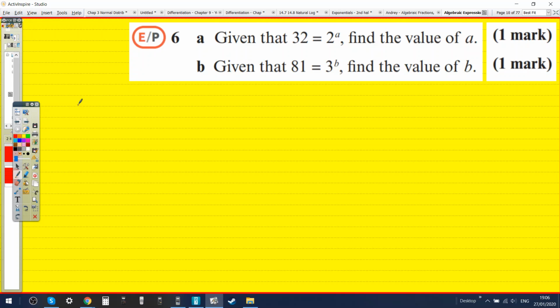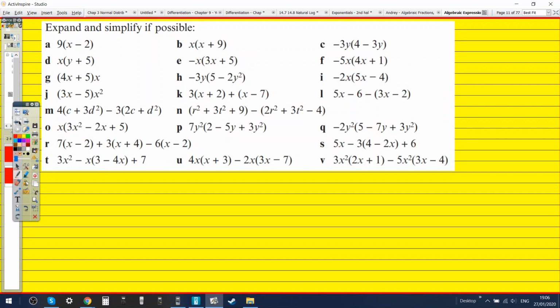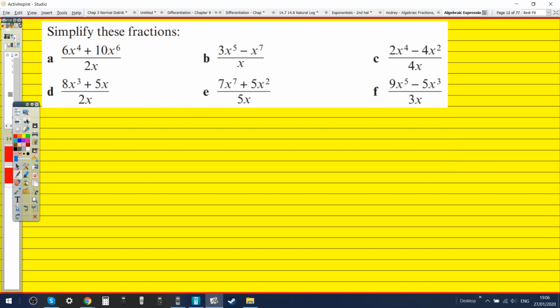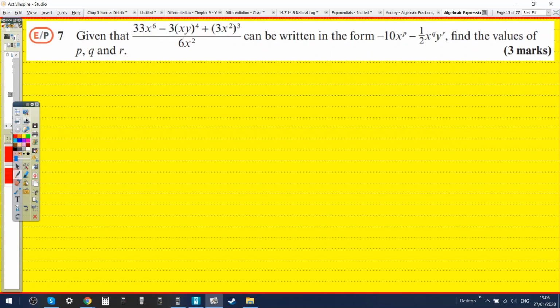What would be 6A? Well, that should be to the power of 4. Or no, you can use a calculator, to the power of 5. That's it. Yeah. Those are fine. Similar.